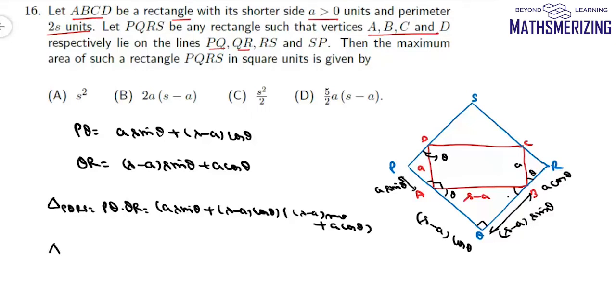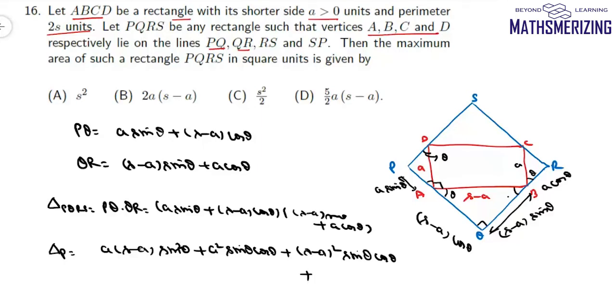So we'll multiply, and we'll get this area as a into s minus a sin square theta plus a square sin theta cos theta plus s minus a whole square into sin theta cos theta and then plus a into s minus a cos square theta.